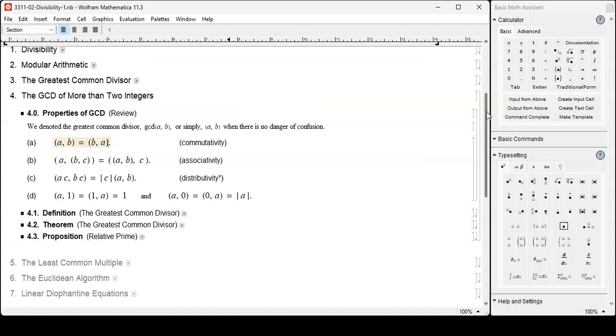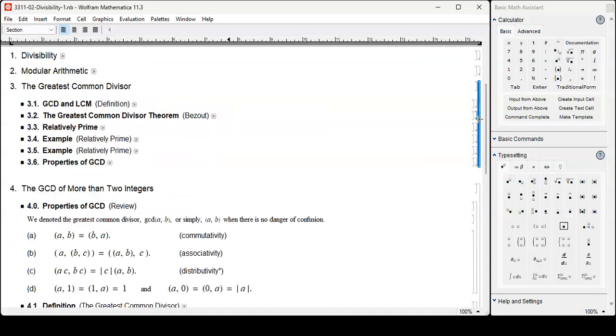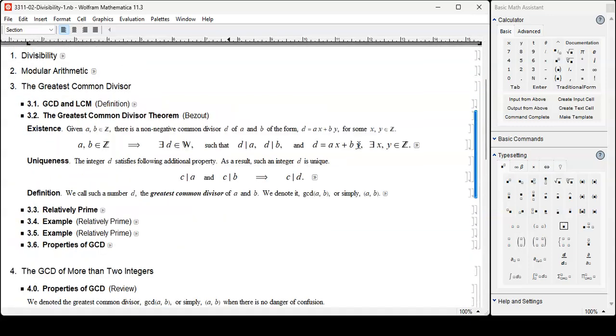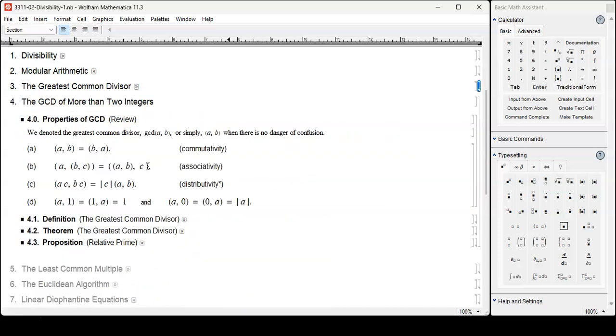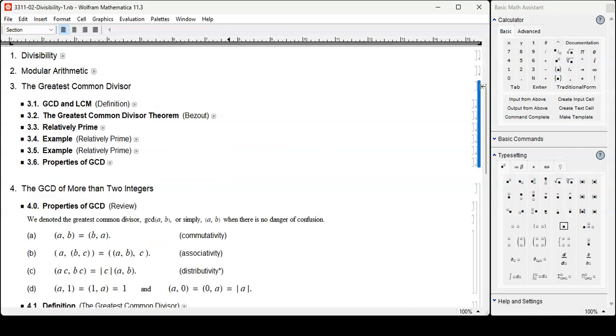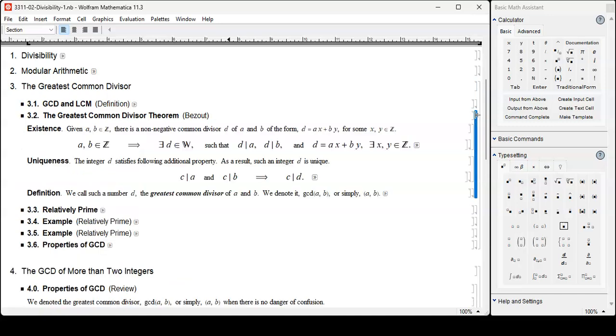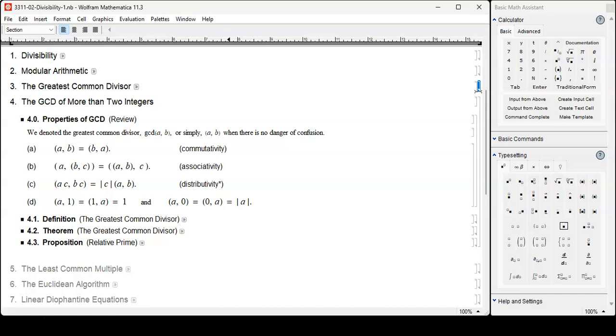And of course, the proof for that is pretty obvious, so no problem there. As for the associativity, it's going to be a bit trickier, but if you utilize this linear combination, then you should be able to prove the associativity too.